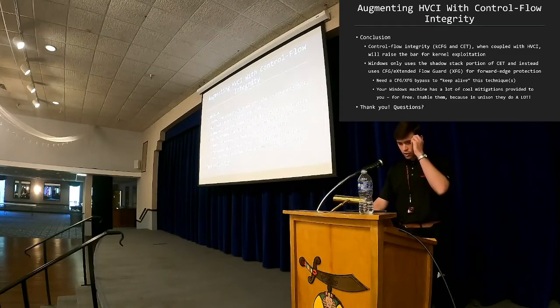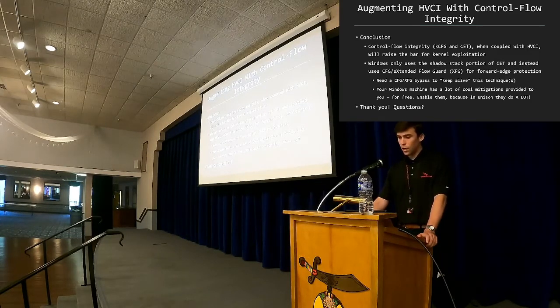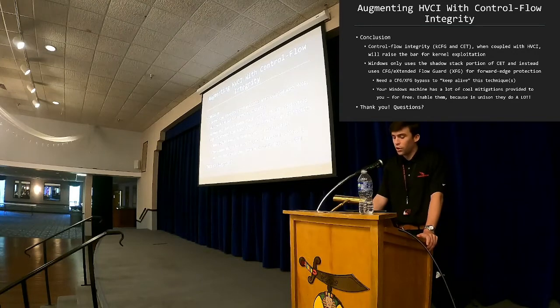But what's interesting too is Windows only uses the shadow stack portion of CET. So CET actually is twofold. It checks return addresses with the shadow stack, but there's also something called indirect branch tracking, or IBT, and that is checking jumps and calls. Well, Windows already has CFG, and they have a better version of CFG called Extended Flow Guard, or XFG.